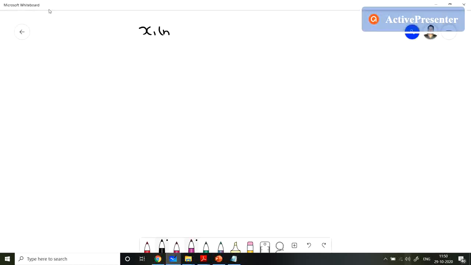So x1[n] is (1/3)^n u[n]. If we find the z transform of this signal, then X1(z) is 1 divided by 1 minus (1/3) z^-1.